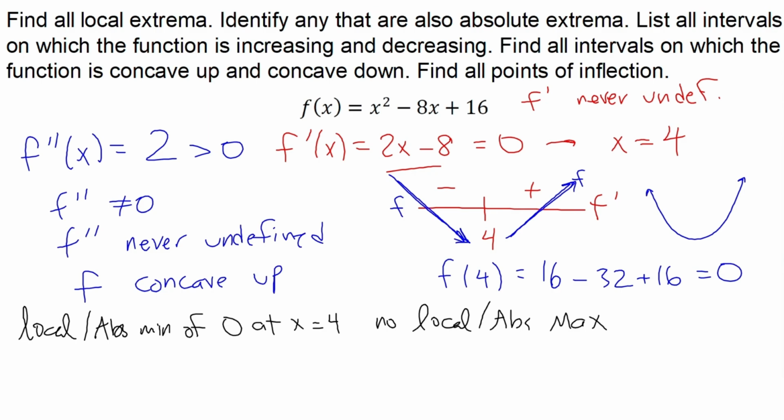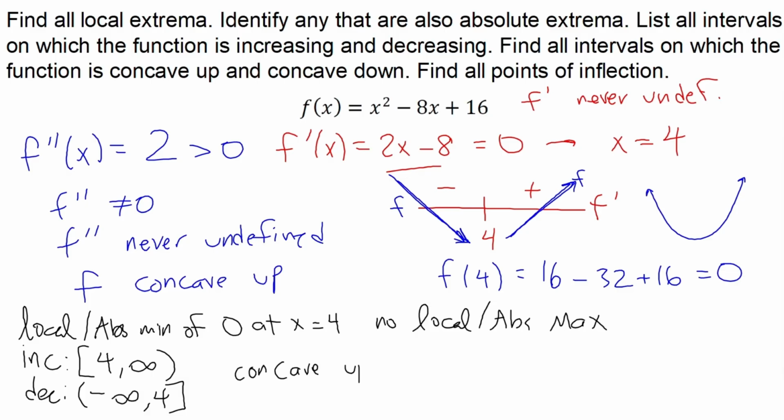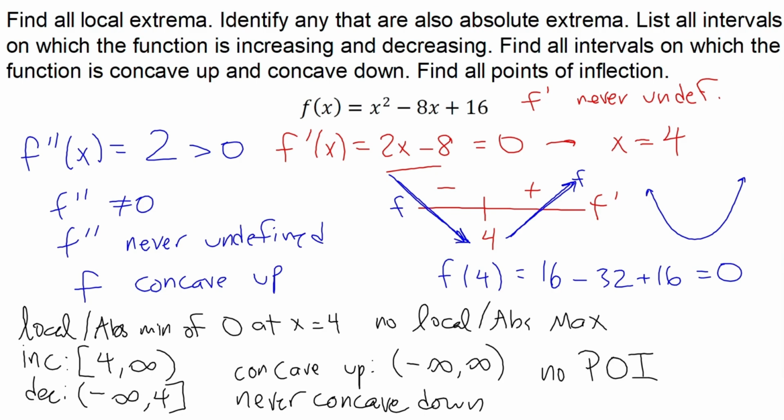We know that we are increasing on the interval from 4 to infinity, and that we are decreasing on the interval from negative infinity to 4, and that we are always concave up. So we'll say that we're concave up from negative infinity to infinity. We will say that we are never concave down, and that we have no points of inflection. And that ought to cover all of the things that we were asked for in this first problem.